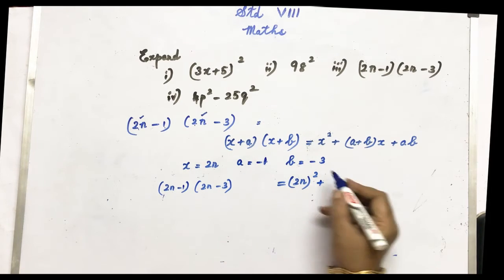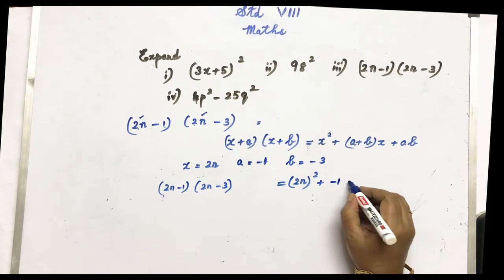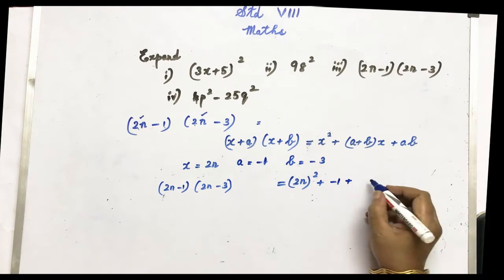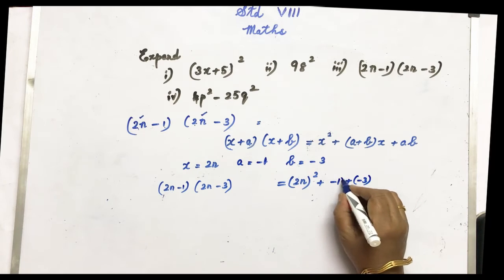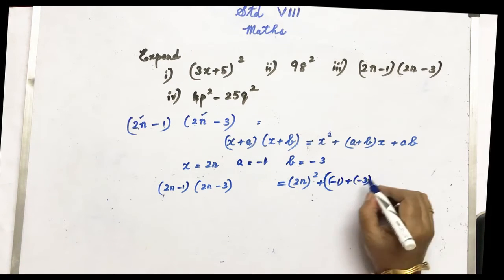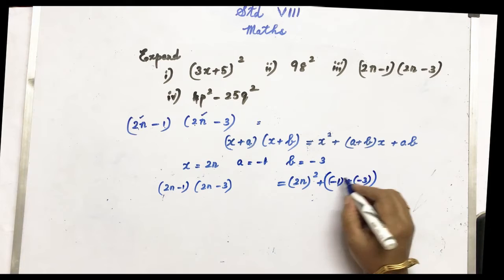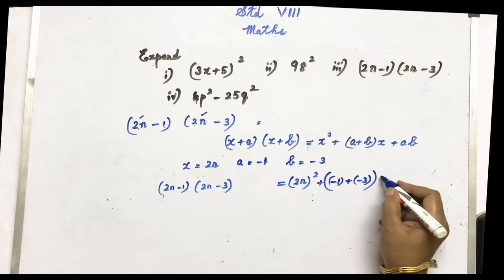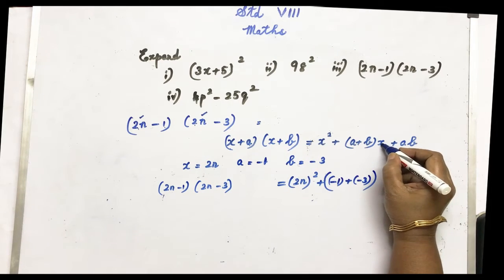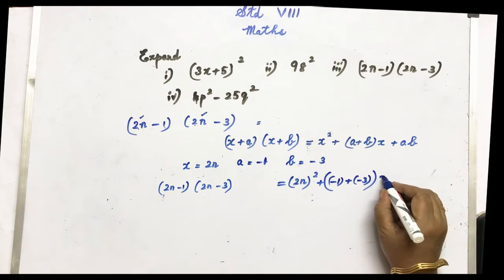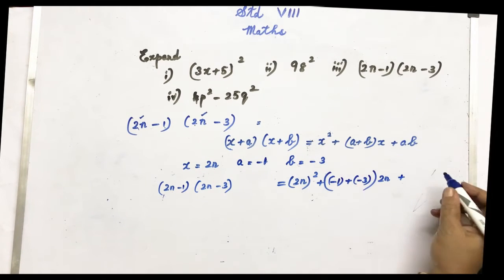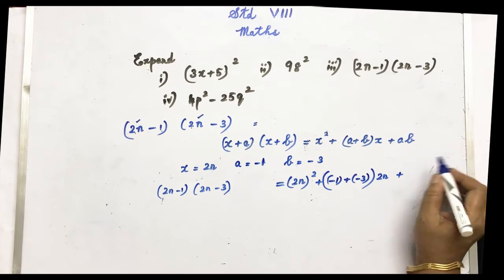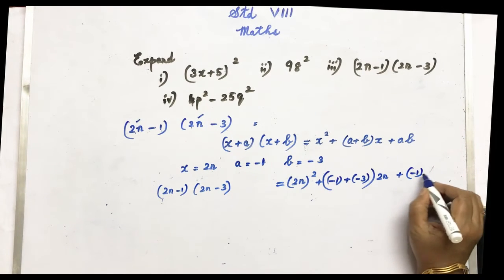In the place of a we have minus 1, plus in the place of b we have minus 3. Because of the minus sign and plus sign, to separate them we are putting the bracket. Now in the place of x again we have to write 2n, plus what is the meaning of ab, so minus 1 into minus 3.